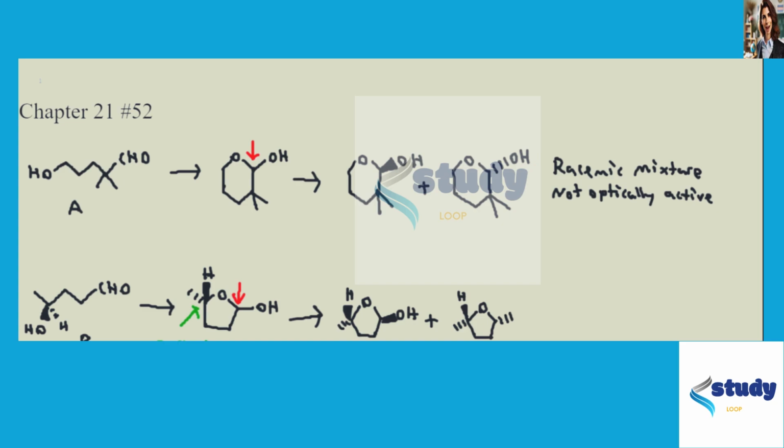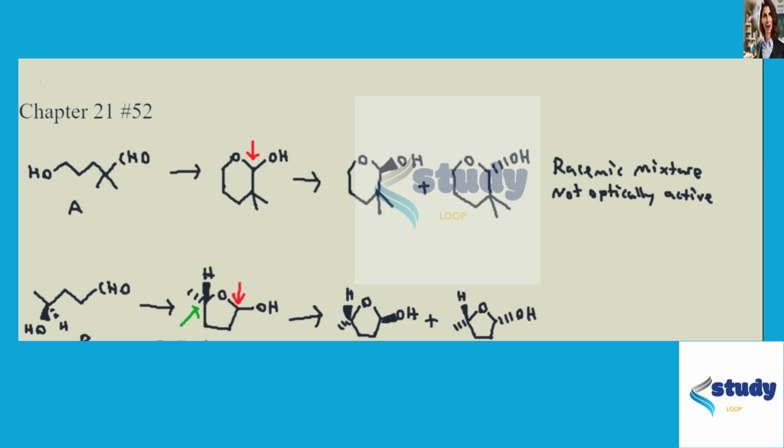So here we go. So what we get here is not a mixture of enantiomers. What we get here is a mixture of diastereomers. And so an equal mixture of enantiomers is a racemic mixture, but an equal mixture of diastereomers is not racemic.